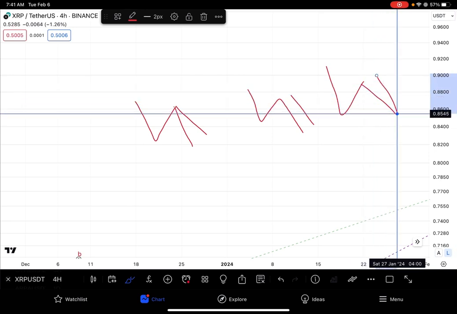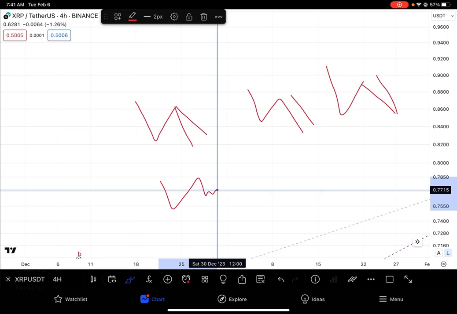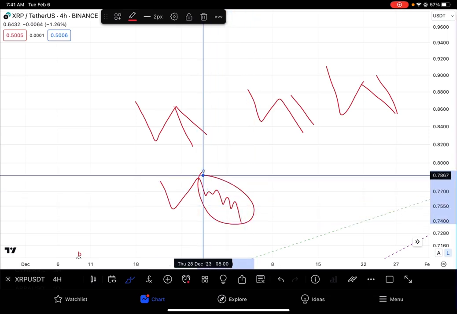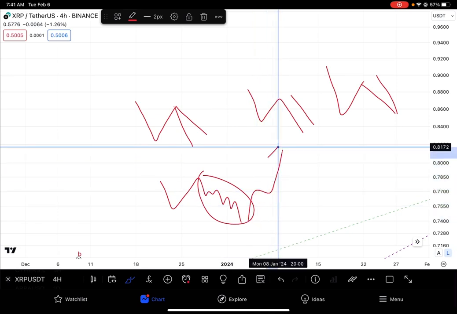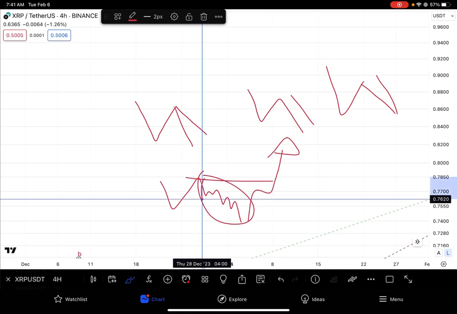And basically what this is called is an ending diagonal, because the waves tend to overlap each other when the price is squeezed within the last leg to the downside before having a resolution, or in other words, a jump across the creek.